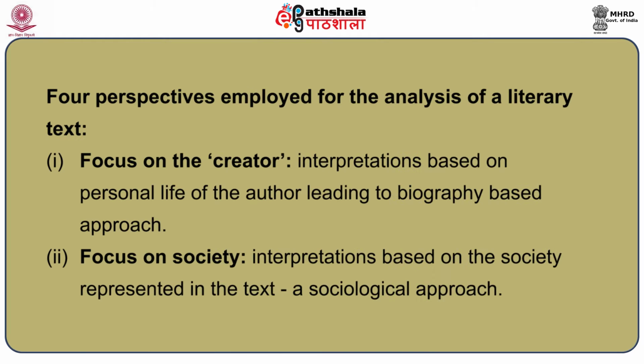So if we look at these four in more detail, we know that the four basic perspectives employed for the analysis of text focus either on the creator or author, or on the society, or on the history and culture.